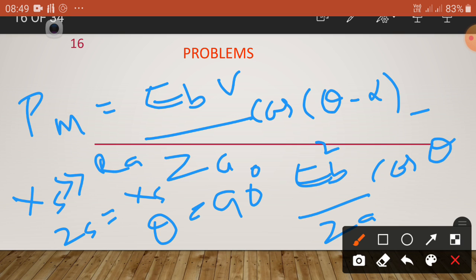Once theta is 90 degrees, cos 90 becomes zero. So it becomes cos(90 minus alpha), which is sin alpha. The total equation EB V by ZA into sin alpha gives the final equation.